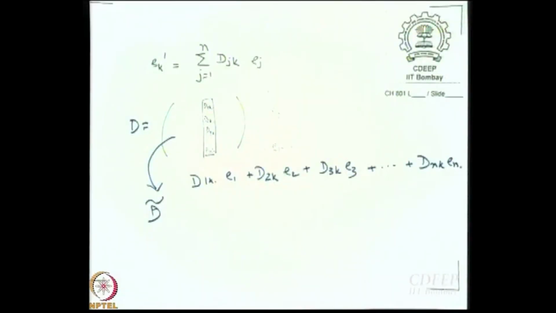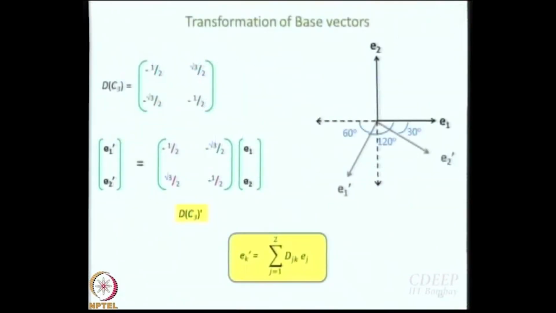Do not forget what has happened here. I am working with DC3 prime, not DC3. I am talking about transformation of coordinates. DC3 is the transformation matrix that you get for operation of C3 on the coordinates. When I say coordinates, what do I mean?